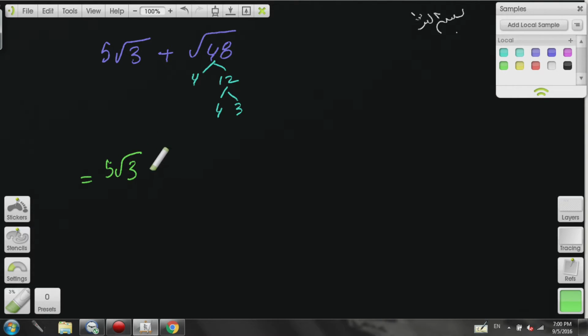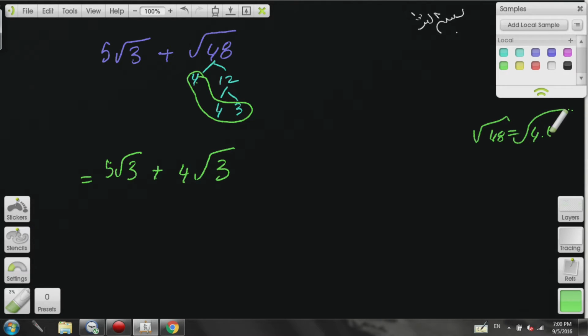5 square root of 3 plus, okay, so it's 4 times 4 times 3. These are the factors of 48. So these 4s can come out as 1 4. So that's 4 square root of 3. In other words, you can rewrite square root of 48 as square root of 4 times 4 times 3, and the 4s can come out as 1.